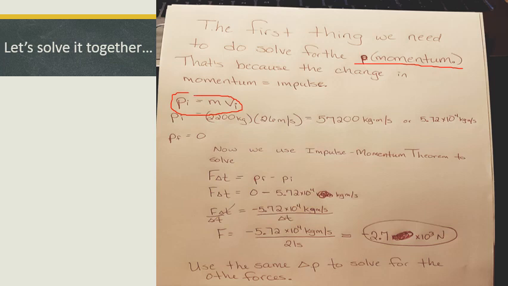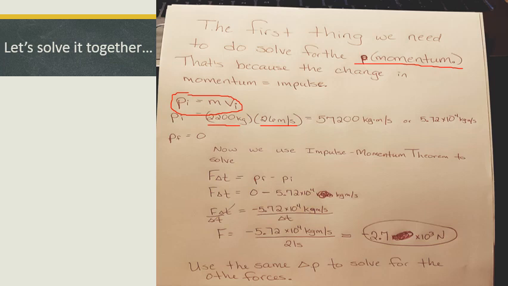So let's take a look at our initial momentum. Our initial momentum is our mass, the 2,200 kilograms, times our initial velocity, which is 26 meters per second. And so that's going to give us 57,200 kilogram meters per second.